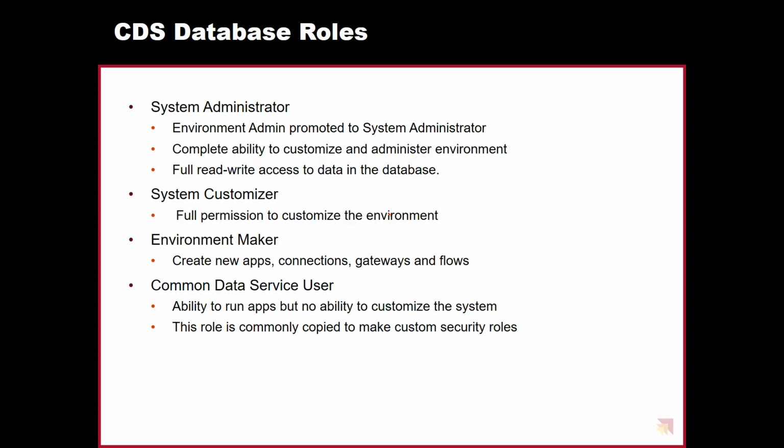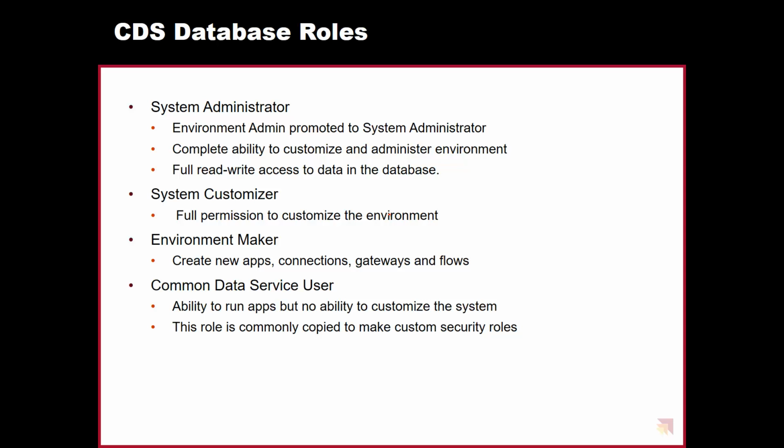Now also, last lecture when we talked about the Common Data Service for apps, we talked about how you could create custom roles, and you could define exactly what users can do with each of those roles. They can have read-write on account, but only read on contact, something like that.